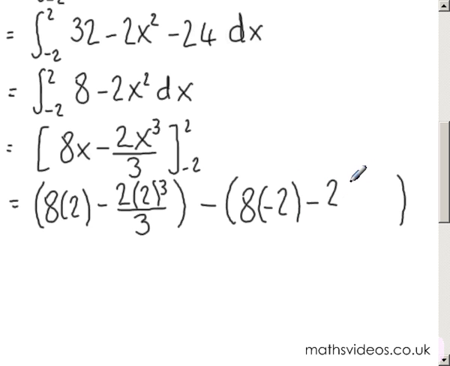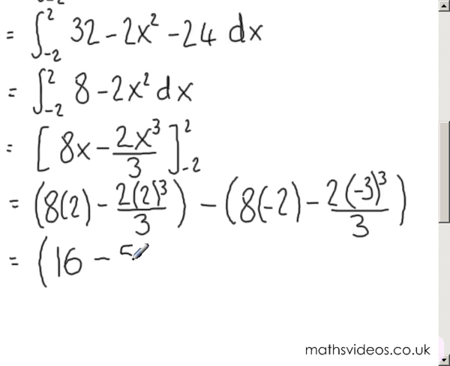And it's 2 times minus 2 cubed over 3. So working that out, 8 times 2 is 16. And then this fraction here, 2 times 2 cubed over 3. If we work all that out, we find that the answer is 5 1/3.